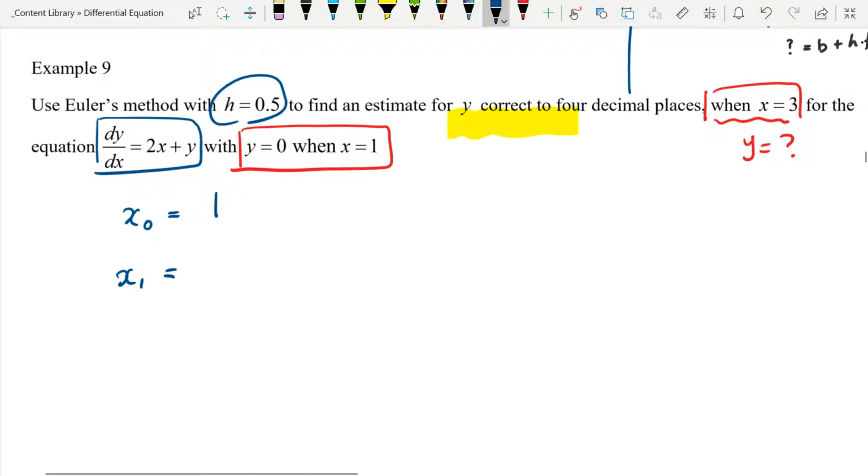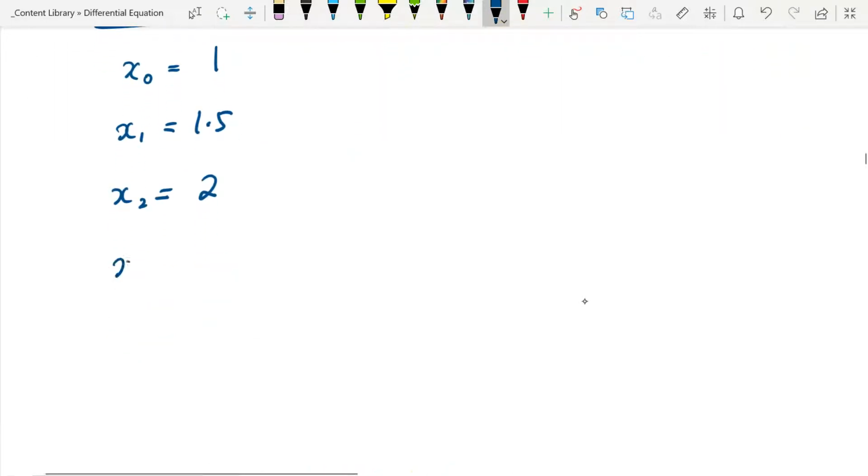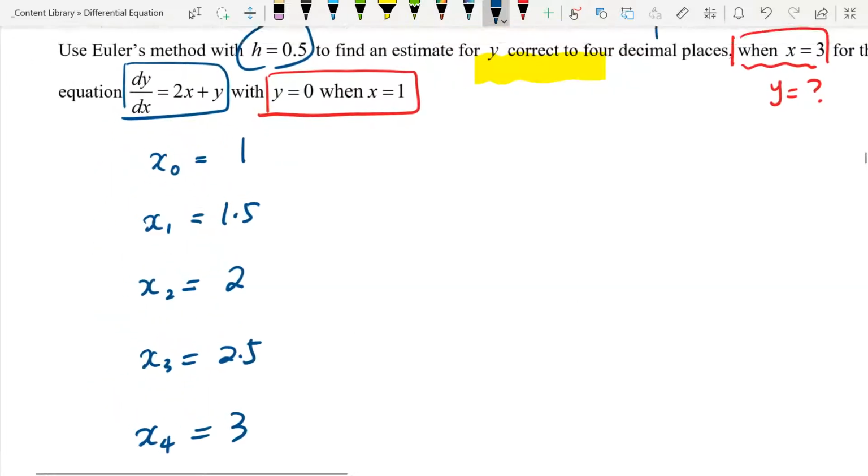So my x1 should be what? 1.5, 3 on 2. The next step will be 2, and then the next one will be 2.5. And the last one will be, well, I know this is the last one because I stop at 3. I will finish at 3. So that's x4. We work until x4.